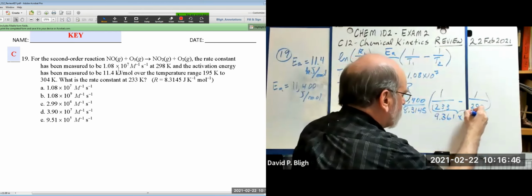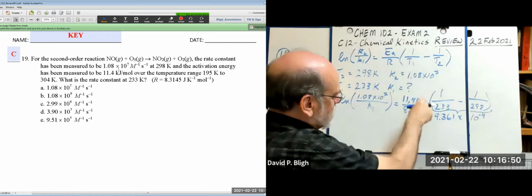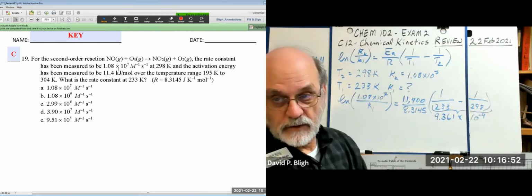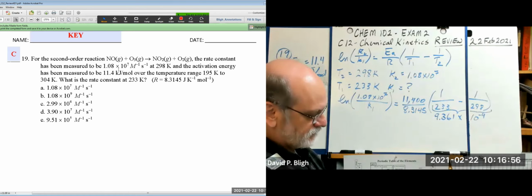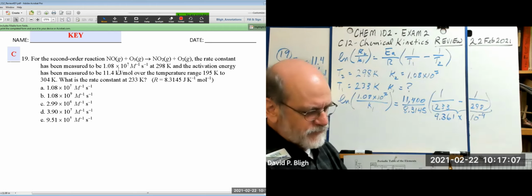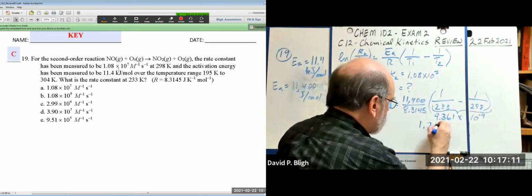That's resolved here. And then this times that divided by that would give us the right-hand side of the equation. Okay, so I got 1.2835.